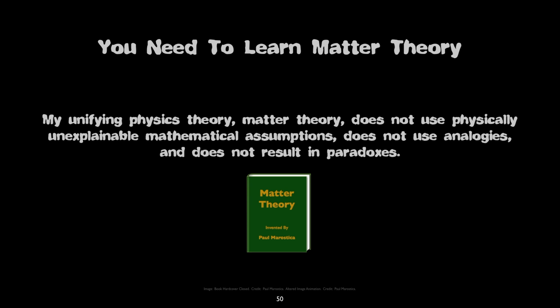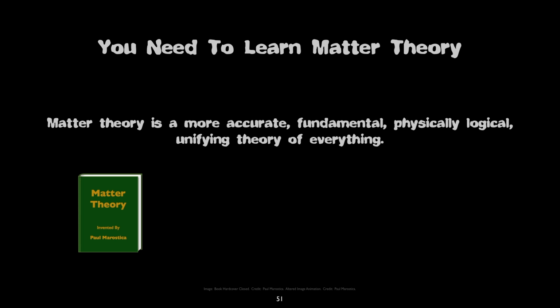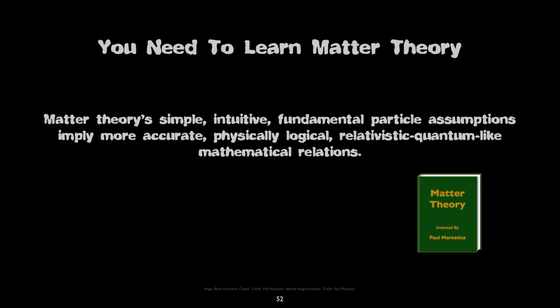My unifying physics theory, matter theory, does not use physically unexplainable mathematical assumptions, does not use analogies, and does not result in paradoxes. Matter theory is a more accurate, fundamental, physically logical, unifying theory of everything. Matter theory's simple, intuitive, fundamental particle assumptions imply more accurate, physically logical, relativistic quantum-like mathematical relations.